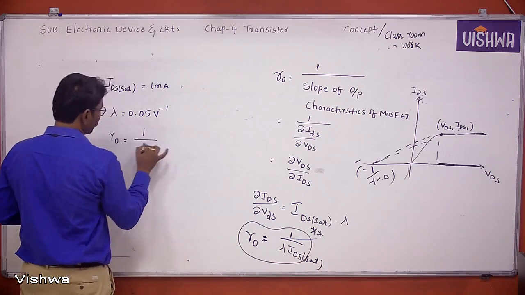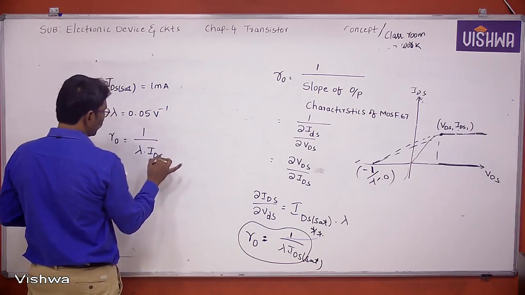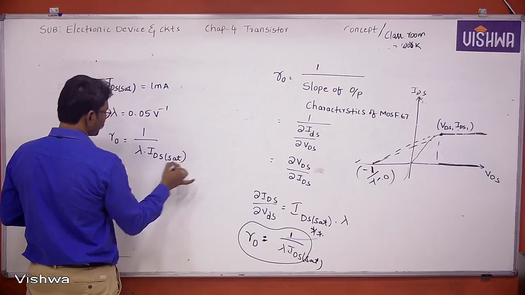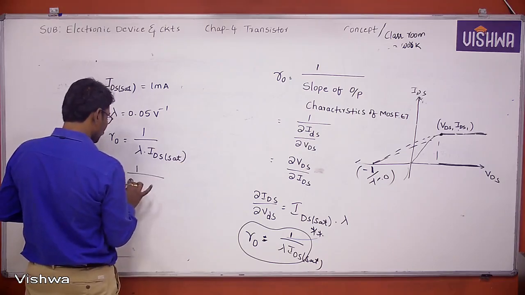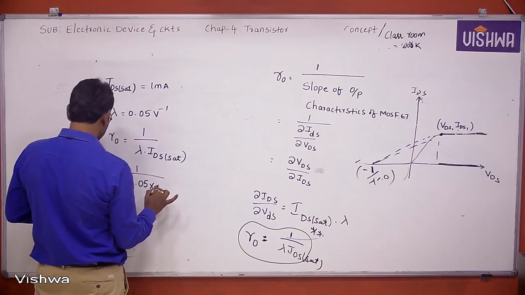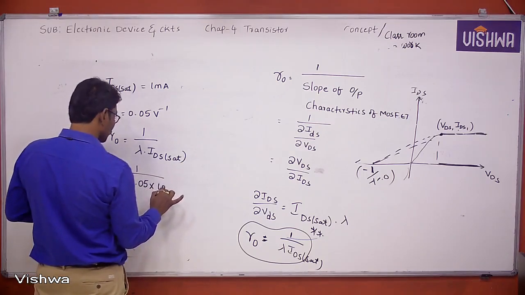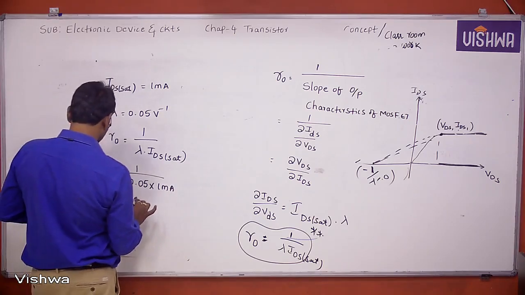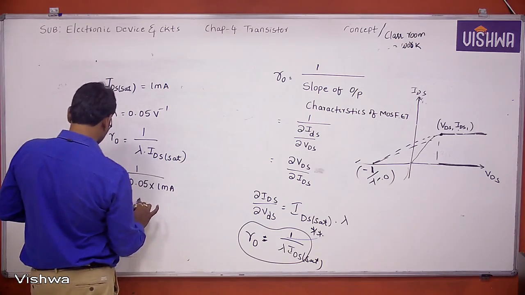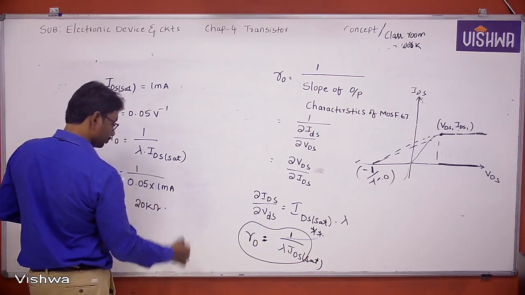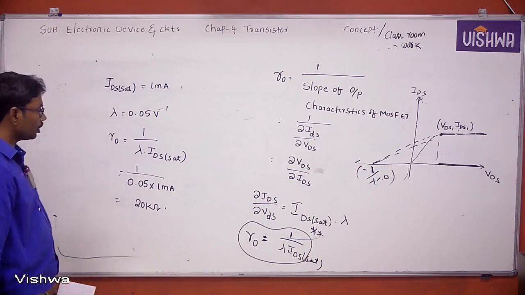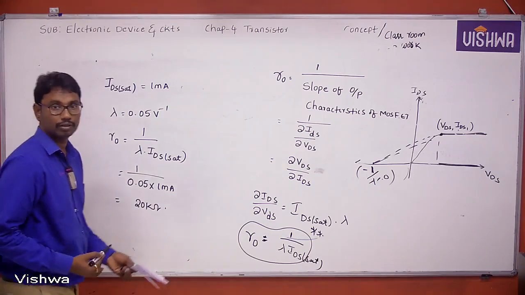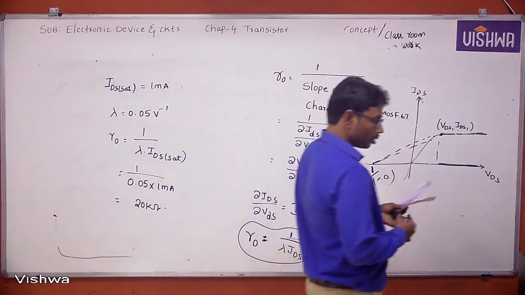The formula is 1 by lambda into IDS of SAT, which is 1 by 0.05 into 1 milliampere. That is 20 kilo ohms.